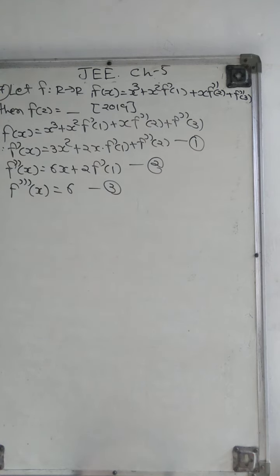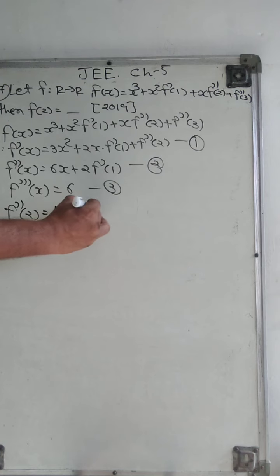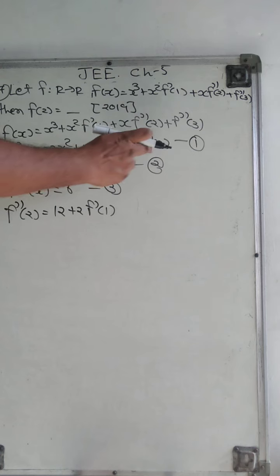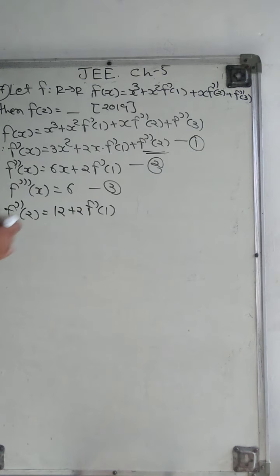Now from this, f double dash 2 is equal to, here we place the value, then 12 plus 2 f dash 1, right? So here 12 plus 2 f dash 1, and we put this value in f double dash 2 here.